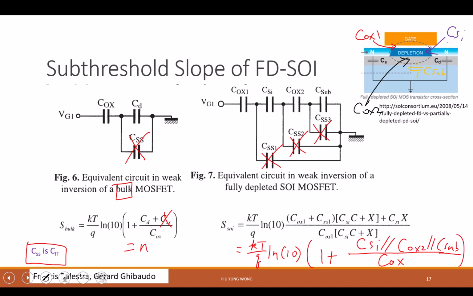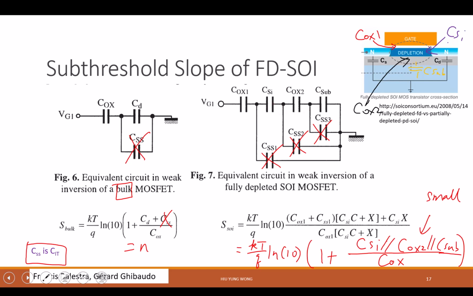If you treat this as a whole capacitor, they are super thick, very thick, unlike this CD. When you have a thick capacitor, it means this is very small, right? Because, again, it is a series calculation, and capacitors in series give you a smaller capacitor.